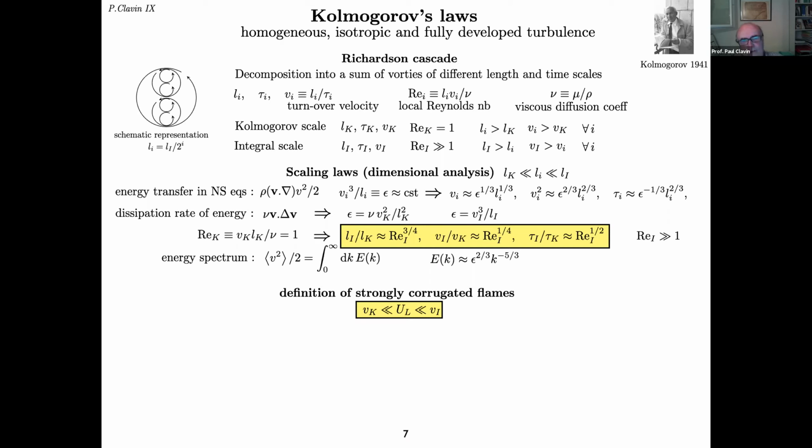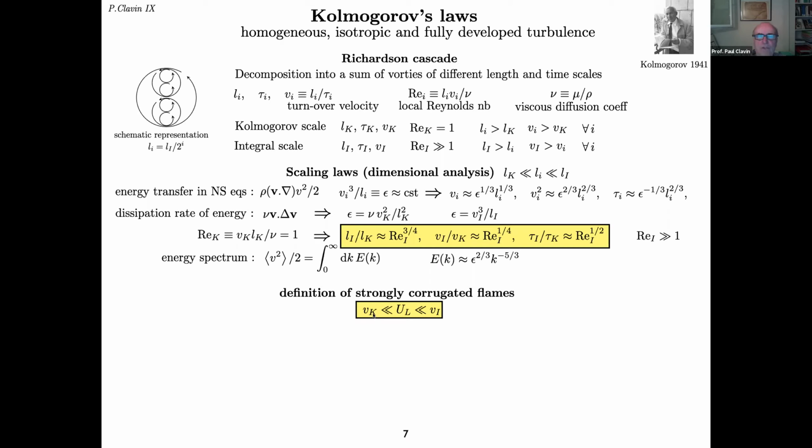And what is the definition of a strongly corrugated flame? This only has meaning for very high, fully developed turbulence, where this Kolmogorov scaling law applies, and we define a strongly corrugated flame when the laminar flame speed is in between the 2 extreme velocities: the velocity at the integral scale, which is the largest one, and the velocity at the Kolmogorov scale, which is the smallest one.